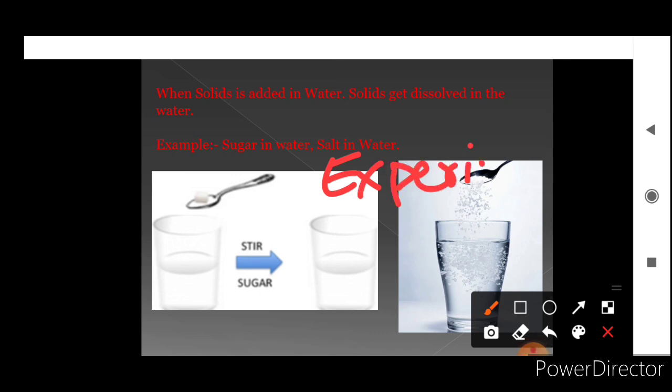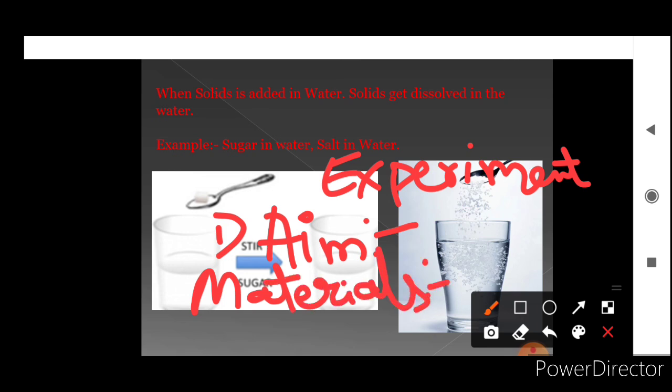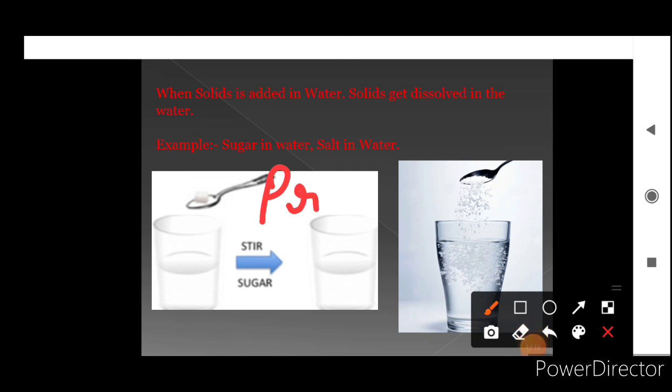First write the aim, what purpose you are doing that experiment, and the next one is what materials you needed to do that experiment. And then the third one you write as procedure. What procedure you will follow to do this experiment?